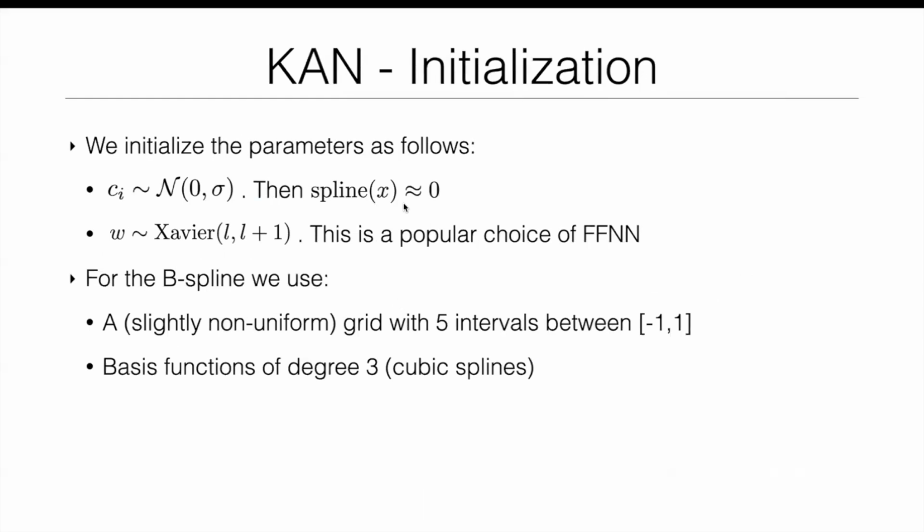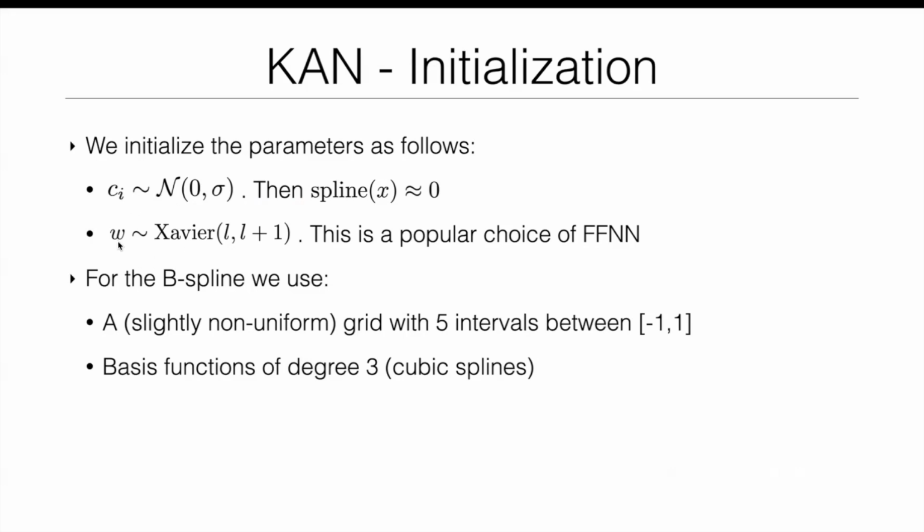For the initialization, we take these learnable parameters CI in front of the B-splines, and we draw them from some Gaussian with zero mean and some small variance. The reason we do this is we want to initialize the network such that each spline function, or each edge function, is close to 0.